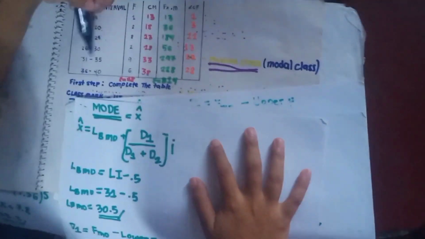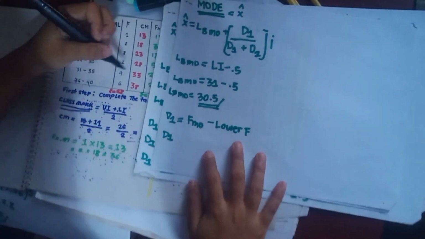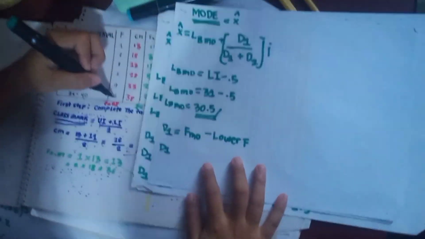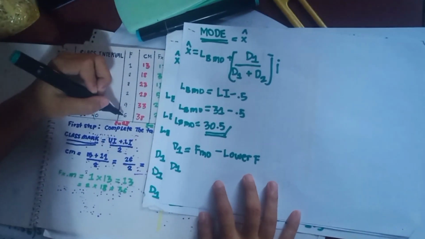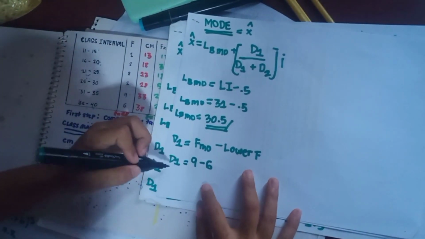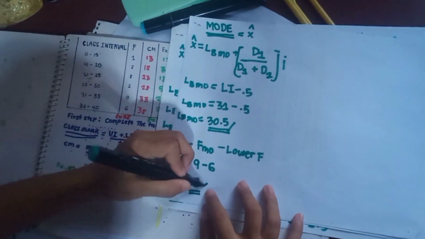So we will subtract it to the lower frequency of our modal class, which is 6. We can see right here that the number below our frequency modal is 6. So 9 minus 6. So therefore D1 is equal to 3.